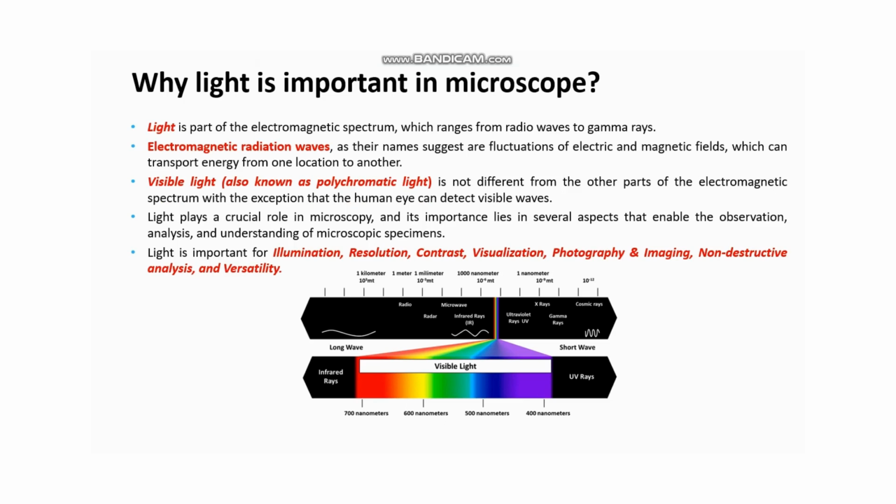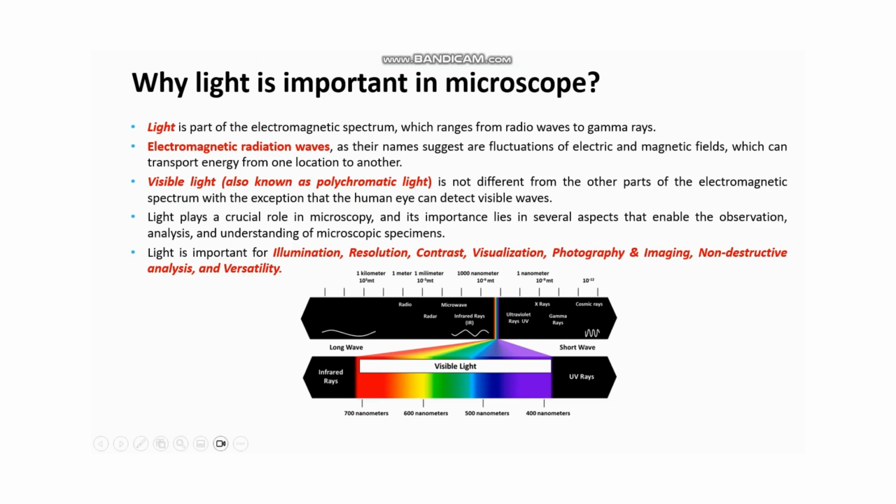Light is very important for all these characteristics: illumination, resolution, contrast, visualization, photography and imaging, non-destructive analysis and versatility. In terms of versatility, light microscopy is a versatile technique that can be adapted to various research needs and applications.